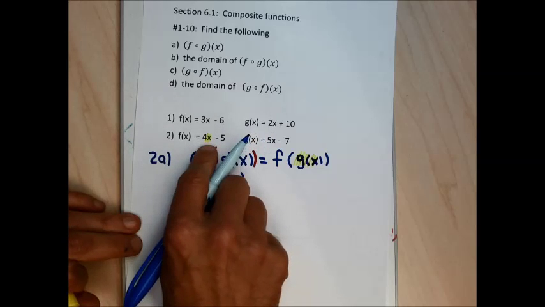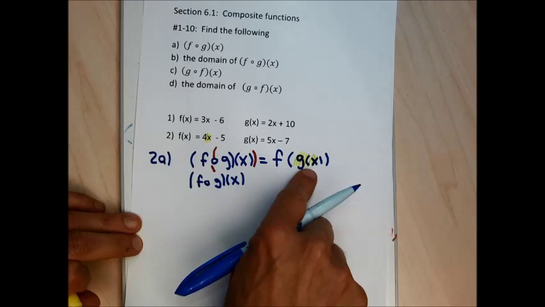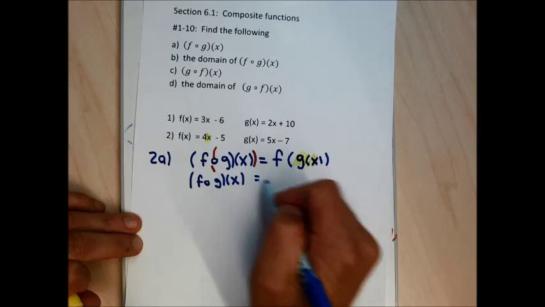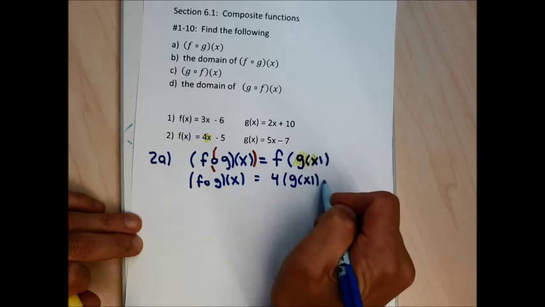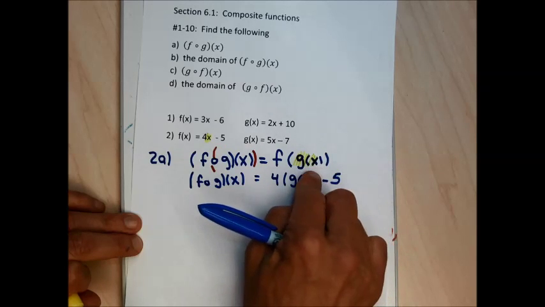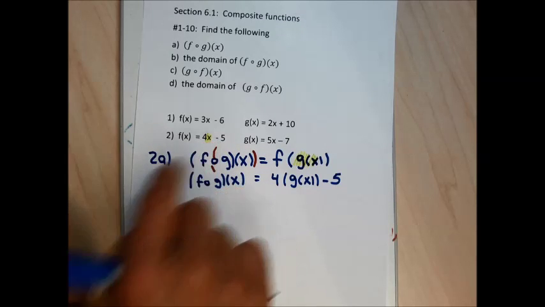Because f of anything, you change the x to whatever you're taking f of. So f of g of x is just going to be 4 times g of x minus 5. I'm just changing the x to g of x.